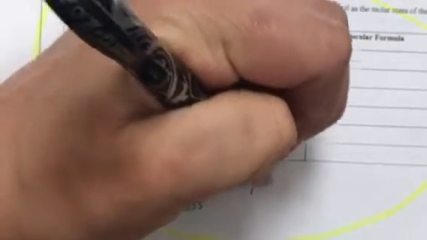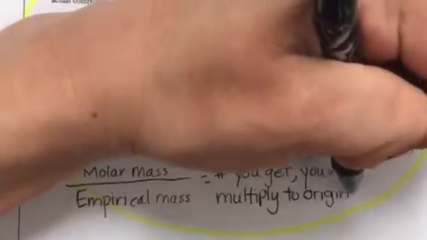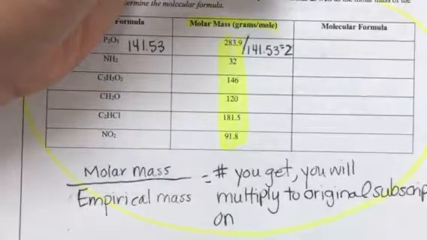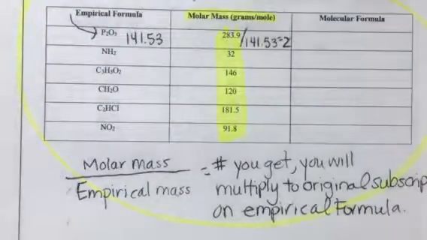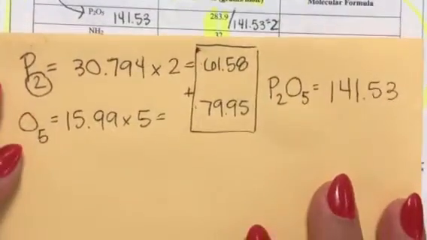So the number you get, you will multiply to original subscripts on the empirical formula. And let me show you how we do that. That might not make sense until you see it, and then it'll be really easy.